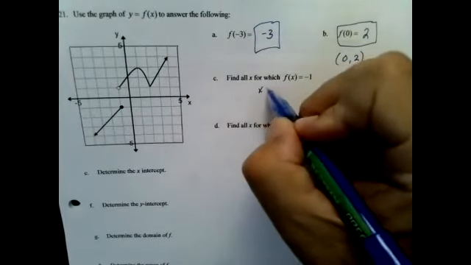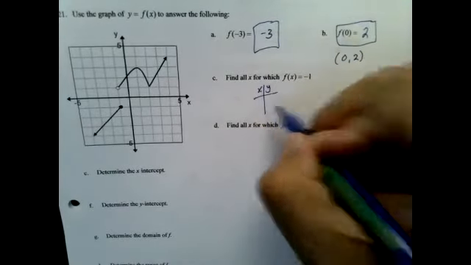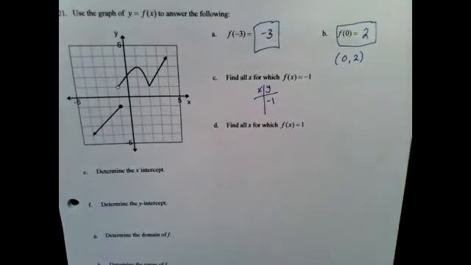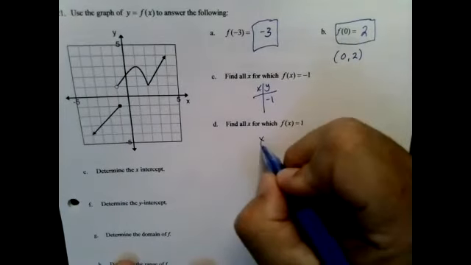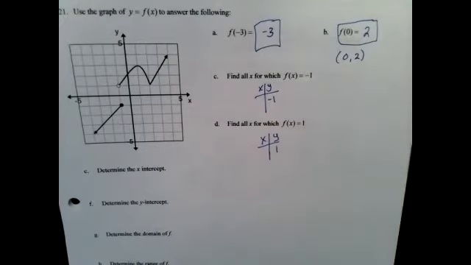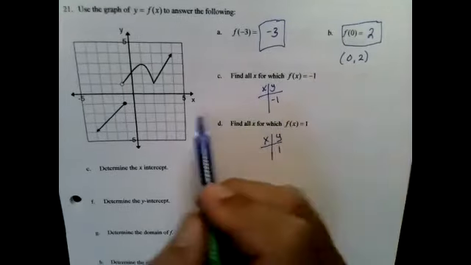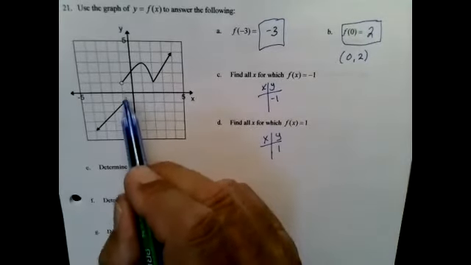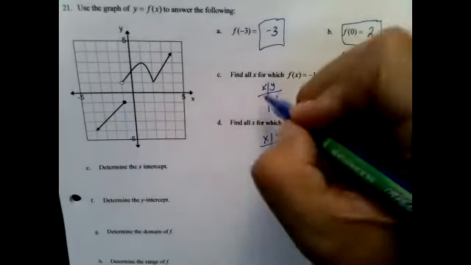So really, this is what it's saying. If Y is -1, what is X? So what X has a Y value of -1? Well, it looks like it's here. I think -1.